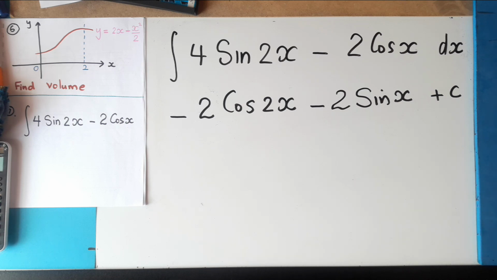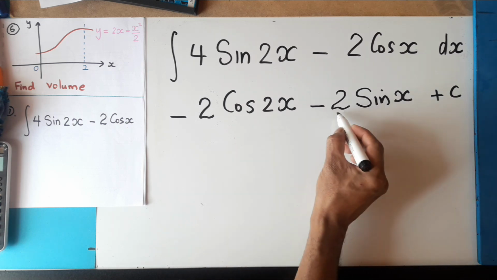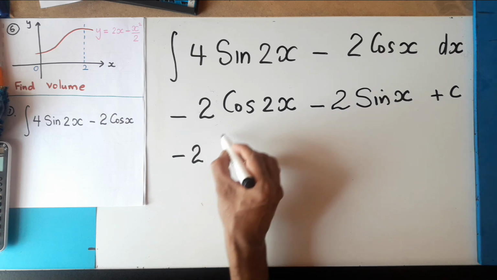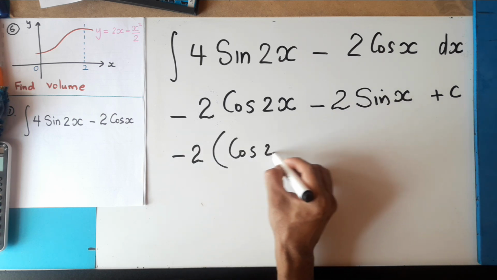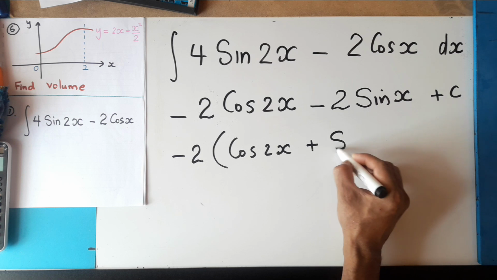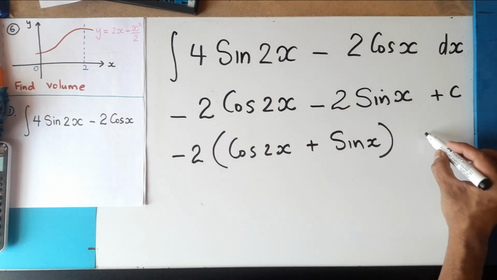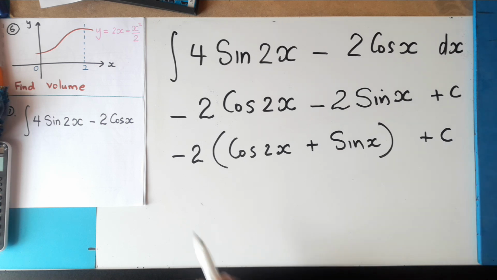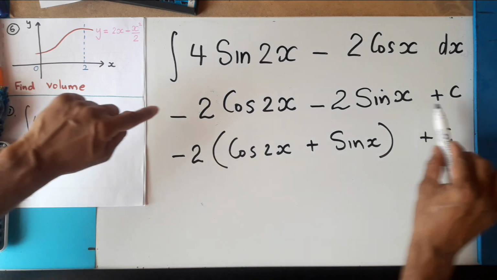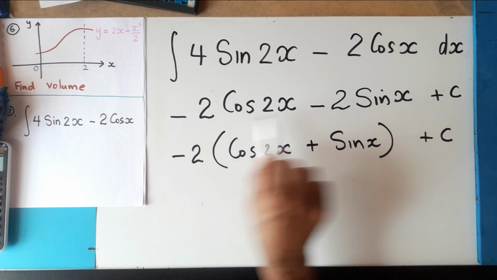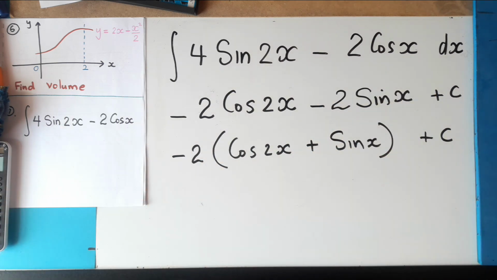So what they might have done, they might have factorized out the minus 2 and left it as cos 2x plus sine x. Remember, you pull out the minus 2 from both of them, and then you'll have the plus c there. So this is the answer. I don't foresee this as being one of the answers. This is too easy. They made it a little bit harder. So they factorized out the minus 2. Alright, so pretty simple stuff.